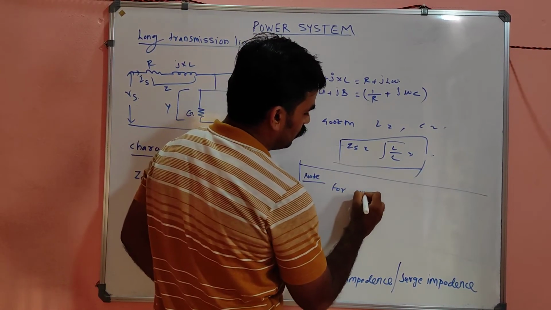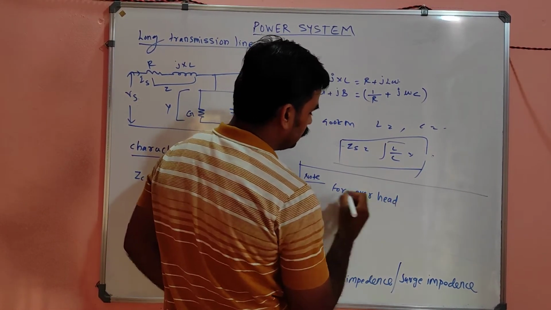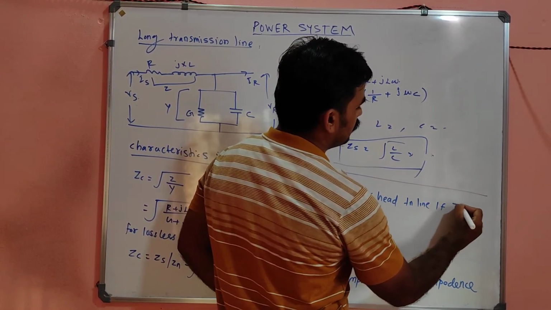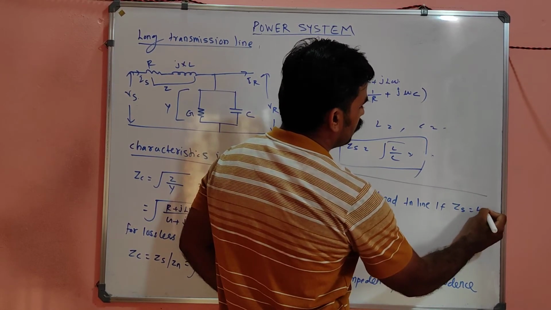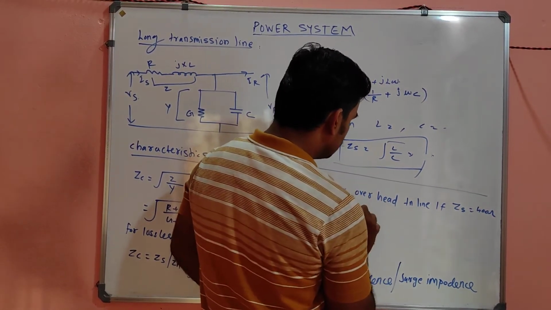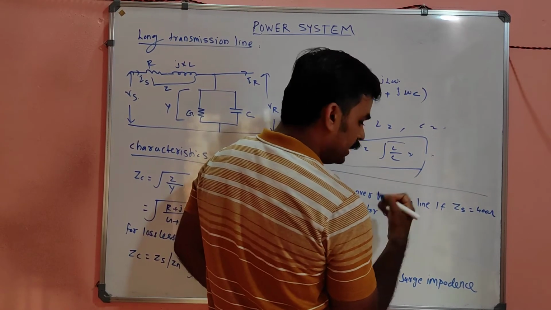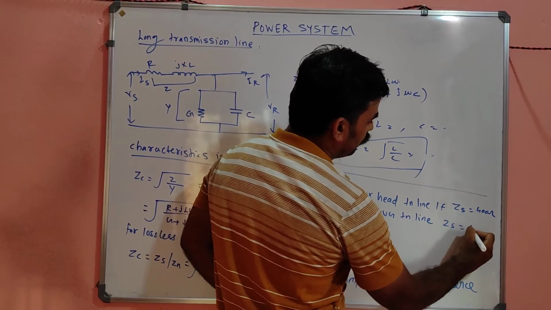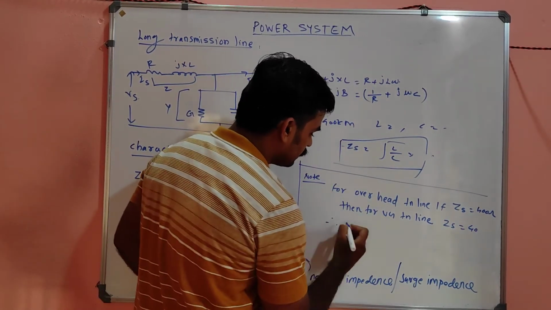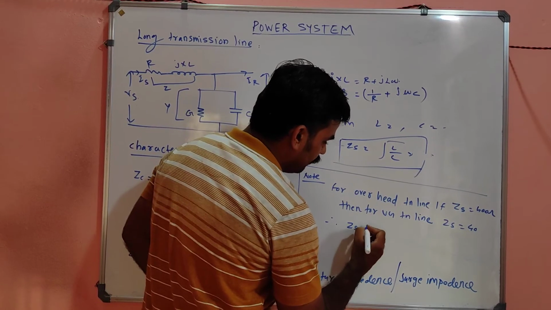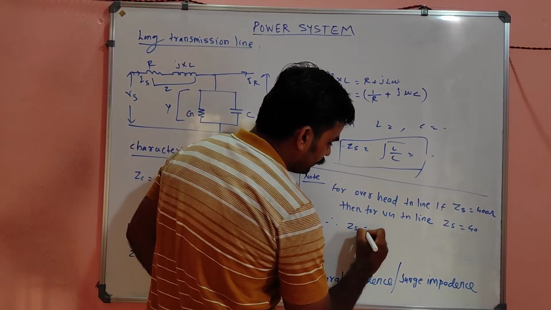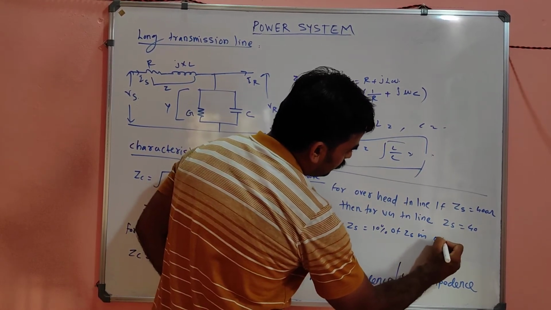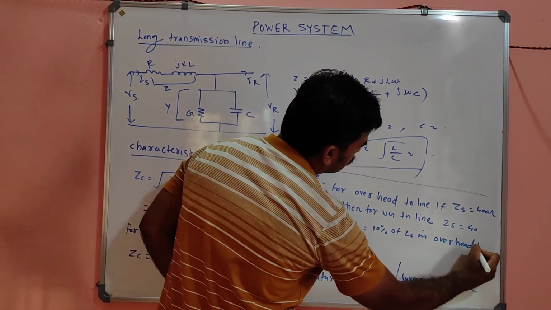For an overhead transmission line, if ZS is equal to 400 ohm, then for an underground transmission line, ZS will be 40 ohm, which means only 10% of the ZS in overhead.